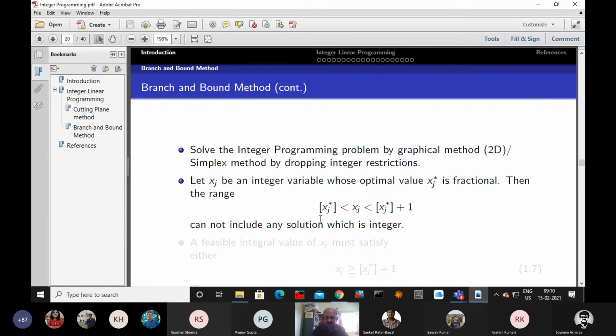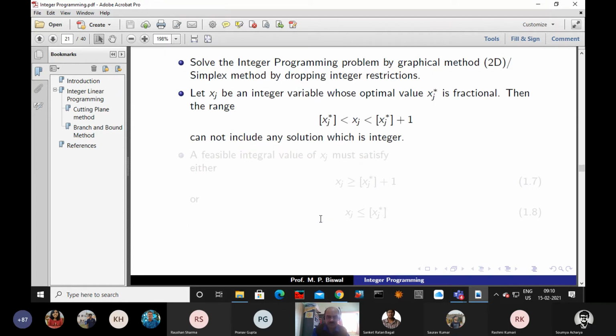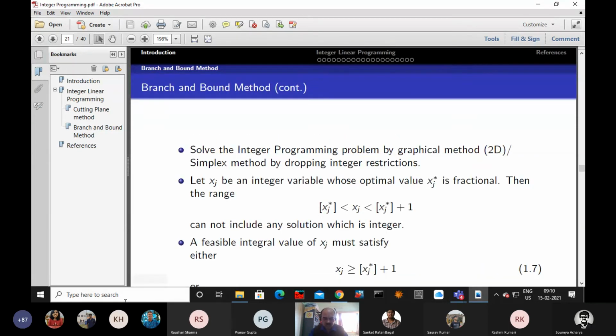Hence we conclude that a feasible integral value of xj must satisfy the complement: xj greater than or equal to the integral part of xj plus 1.